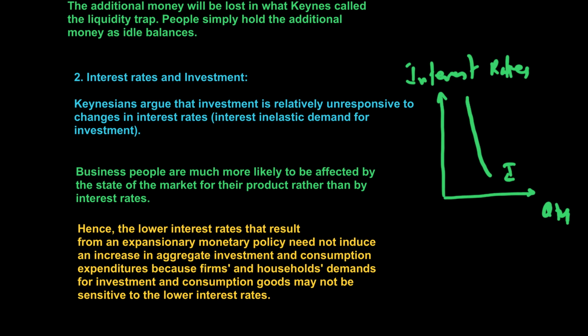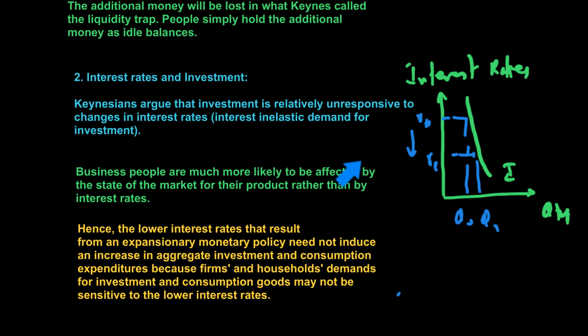They say that even though your interest rate may go down by much, from R0 to R1, you may not see the total quantity of investment go up, because people or businesses are much more likely to be affected by other factors like the state of the market, business confidence and consumer confidence, rather than interest rates.